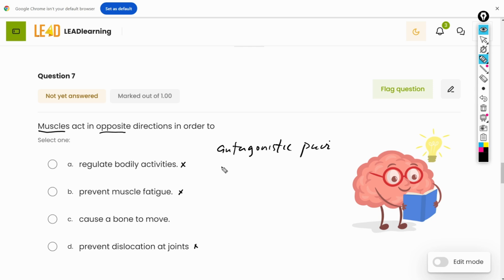So if one muscle contracts, its opposite pair will relax. So it's by contracting and relaxing that muscles are able to cause the bones they're attached to move. So our correct answer is the option C, that muscles act in opposite directions in order to cause a bone to move.